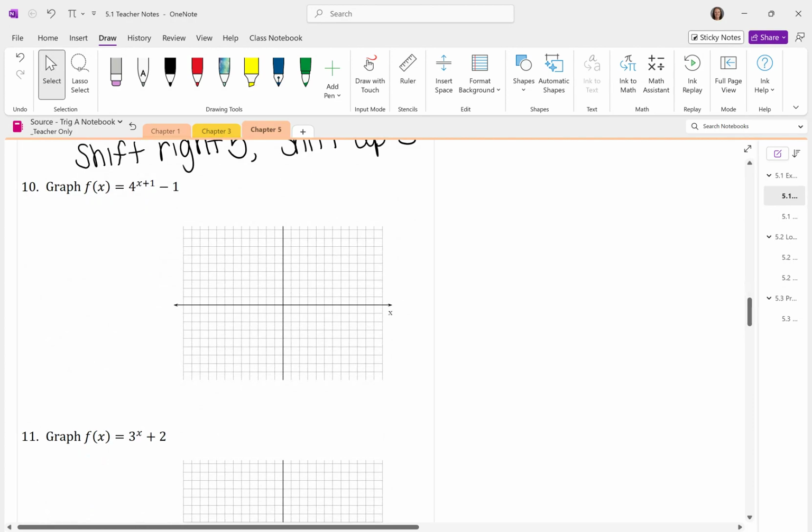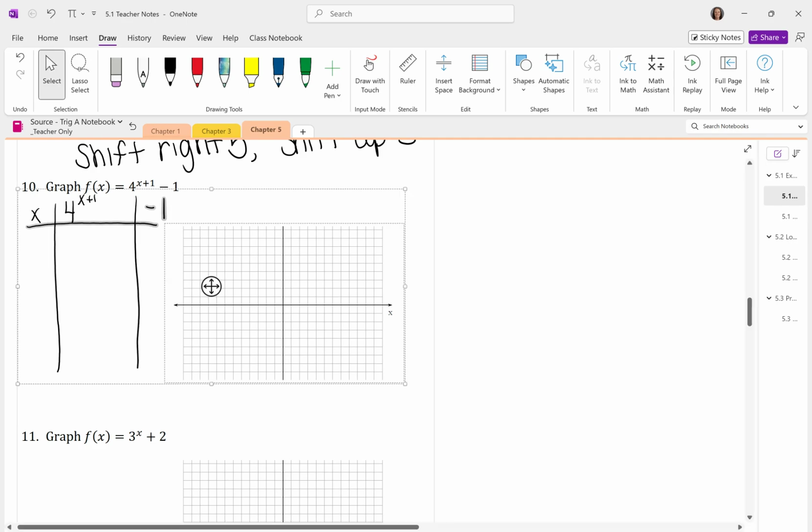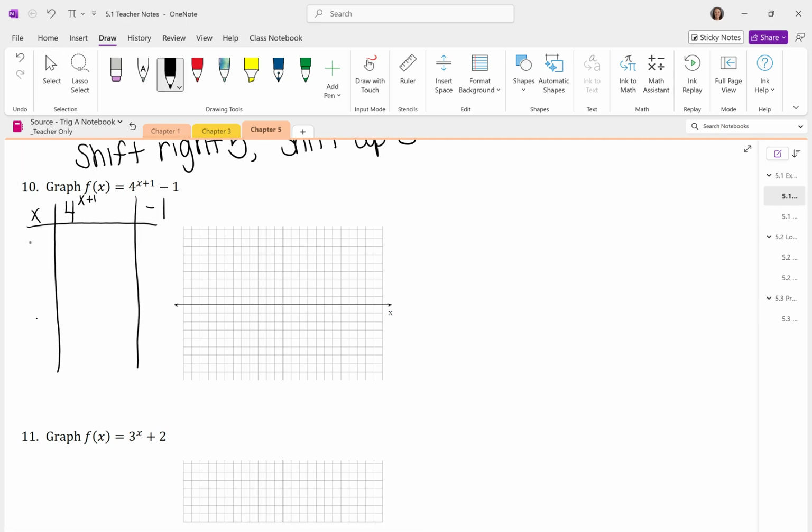Okay, so number 10, you are trying to graph it, but you just have to make a t-chart first. So the first part of your t-chart would be the 4, and then the x + 1, and then you would also have the -1. So if I would use -2, -1, 0, 1, and 2, then you would have 4, -2 + 1 is 4 to the -1st.